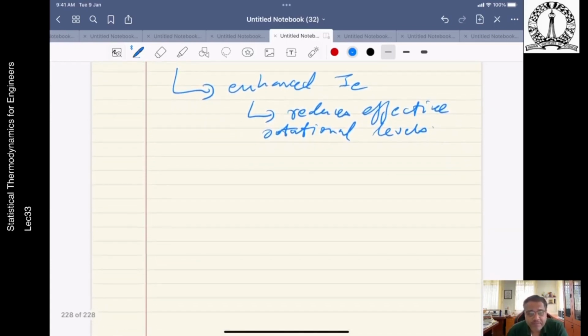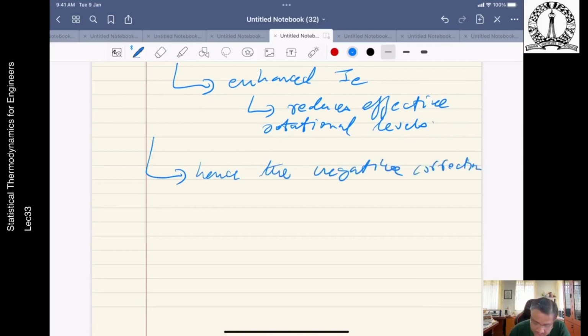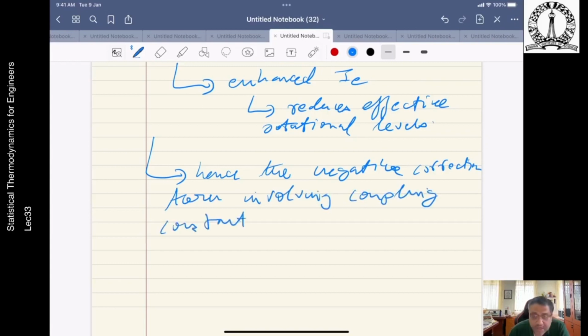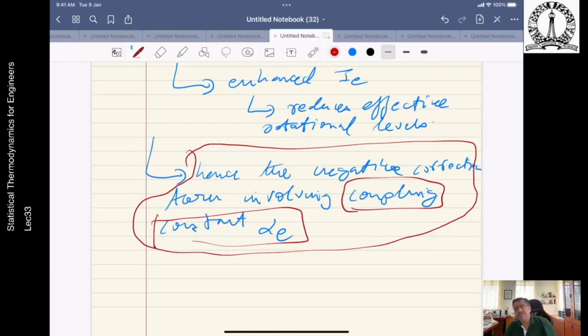Hence we get the negative correction term involving the coupling constant.